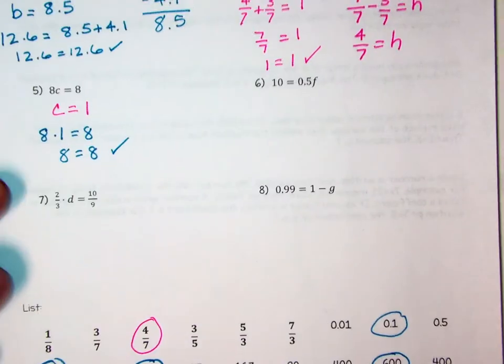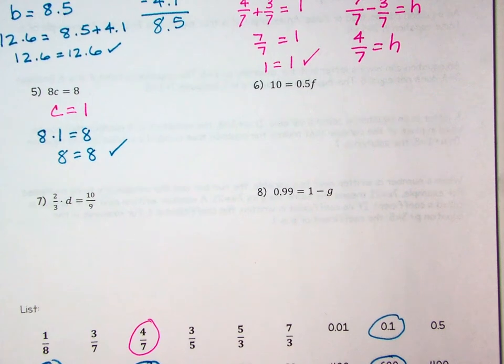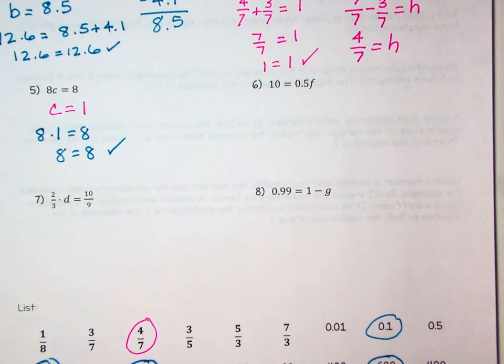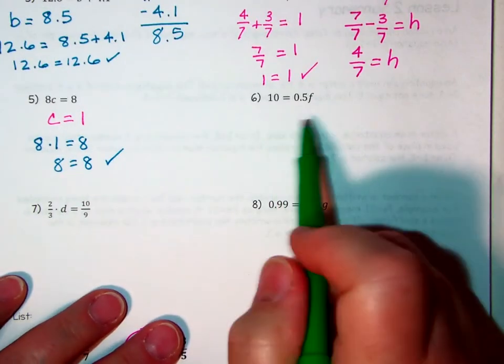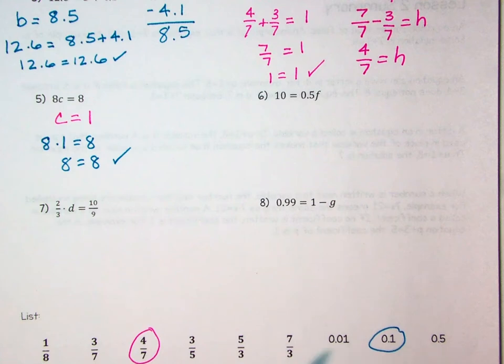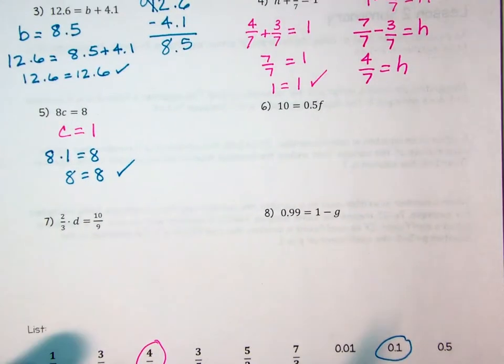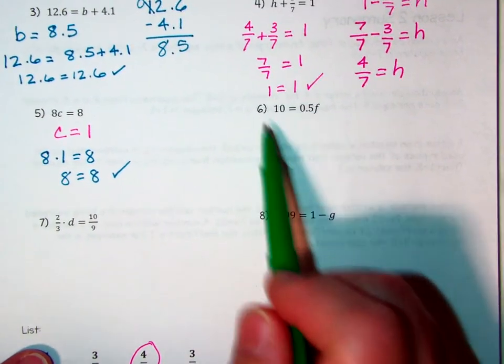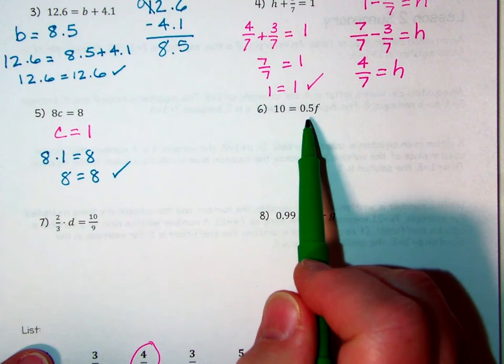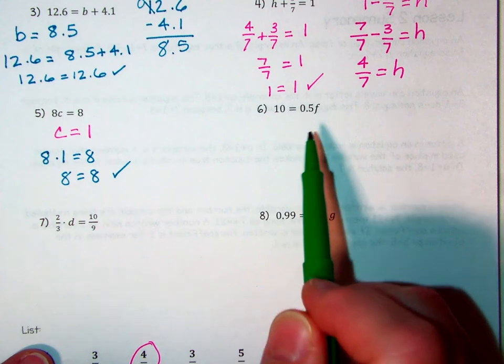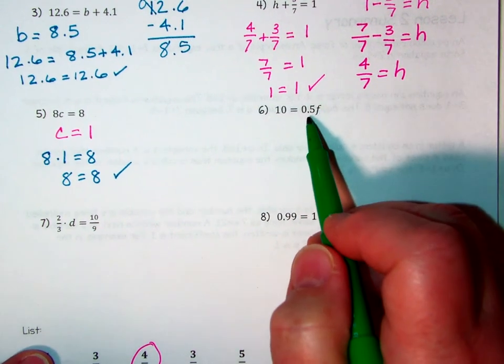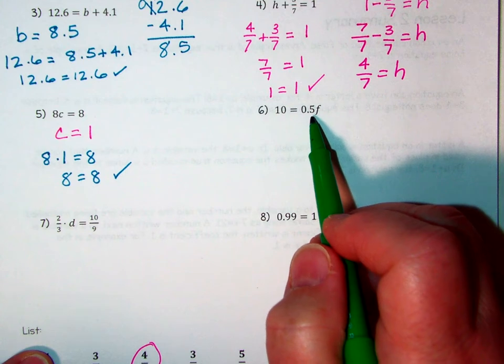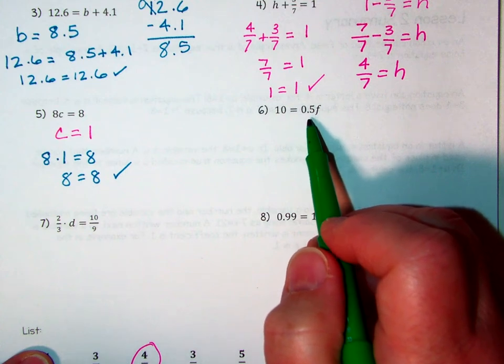All right, number 6. 10 is equal to 5/10 times f. So this is one that could be a little tricky if you're trying to solve it by inspection. Sometimes you got to think about what multiplication means. I know that the equivalent fraction to 0.5 is 1/2.